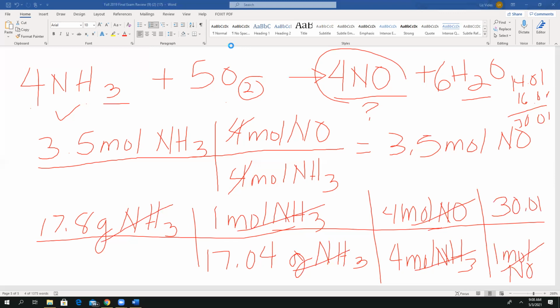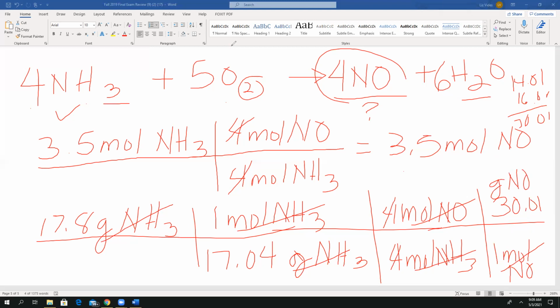Okay, I just put it here, grams of NO. All right. So now we multiply the top divided by the bottom. And you notice that the fours, we can just cancel these, right? Because they're going to divide out. So all we need to do is start with 17.8, right?